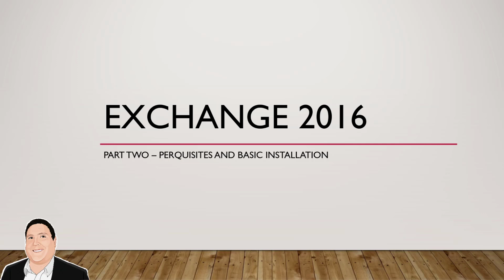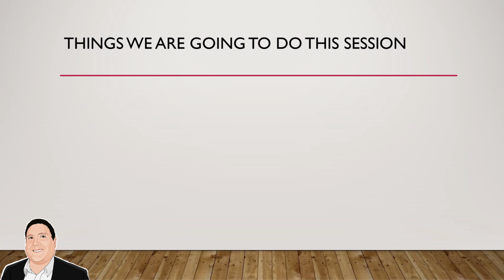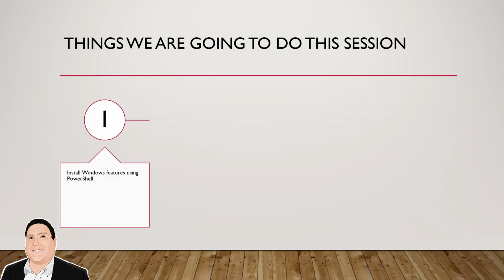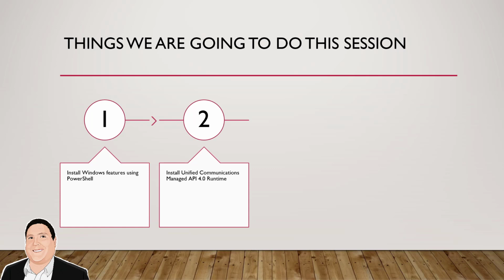In this session we'll be looking at getting the environment up and running, ready to do some learning and some tweaking. In this session we are going to do the following: install Windows features using Windows PowerShell, install the Unified Communications runtime.